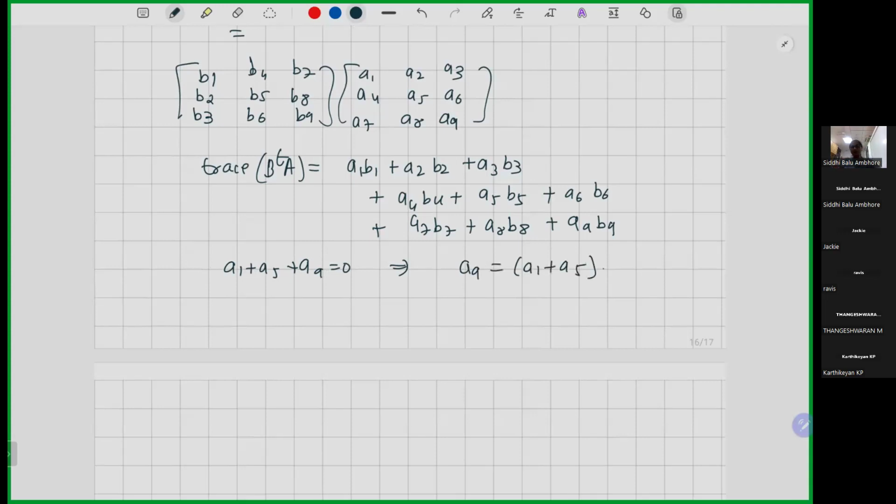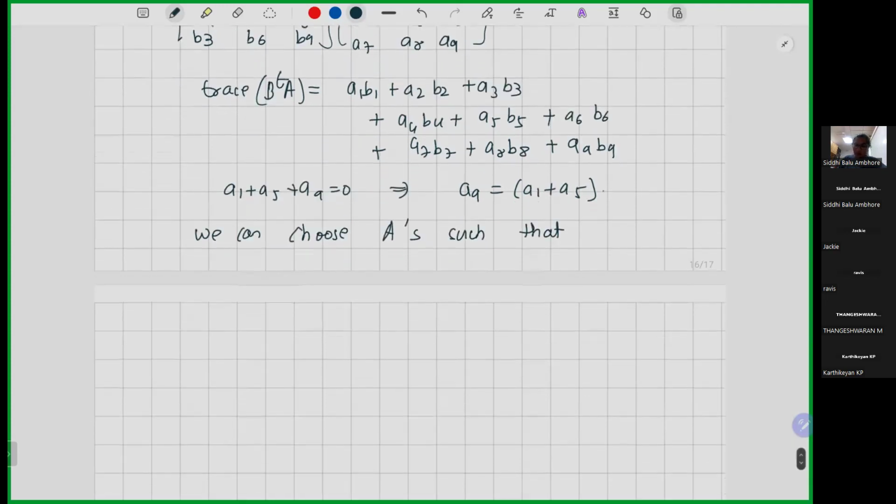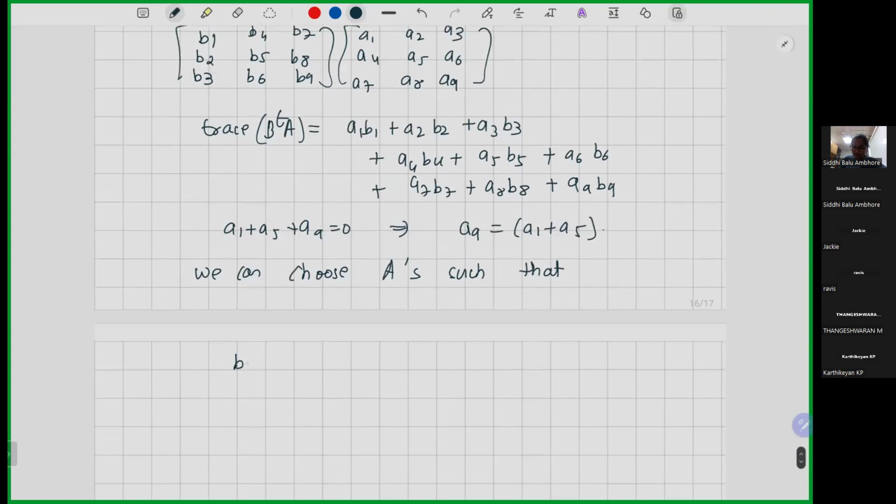And we can choose A's such that all these B_i, where i is not equal to 1, 5, 9, become 0.